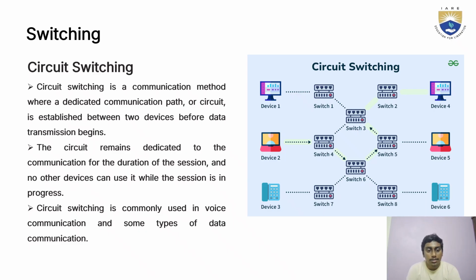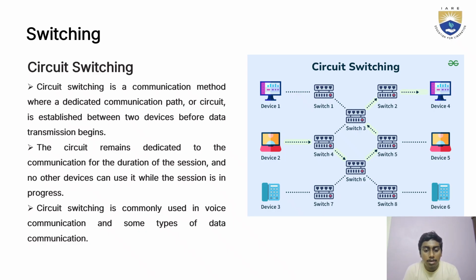Firstly, circuit switching. Circuit switching is a communication method where a dedicated communication path or circuit is established between two devices before data transmission begins. The circuit remains dedicated to the communication for the duration of the session, and no other devices can use it while the session is in progress.